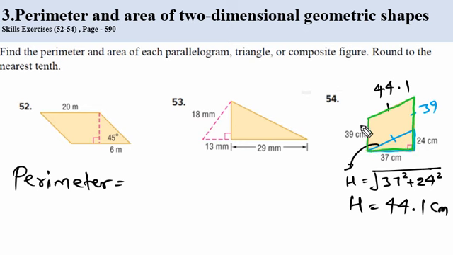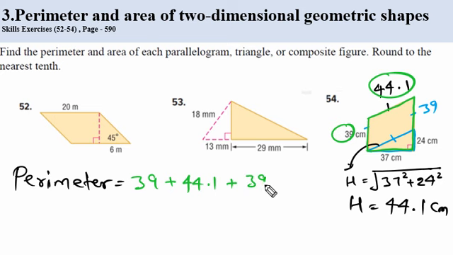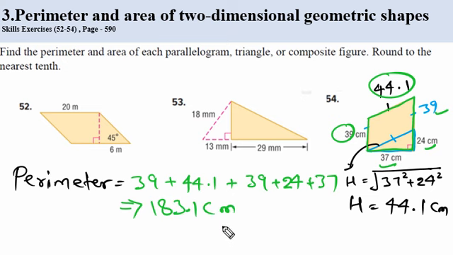I'm starting from here. 39 plus 44.1 plus 39 plus 24 plus 37, and that is giving me 183.1 centimeter. So that is your perimeter.